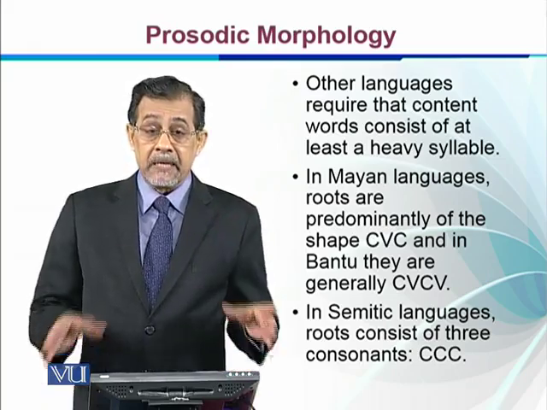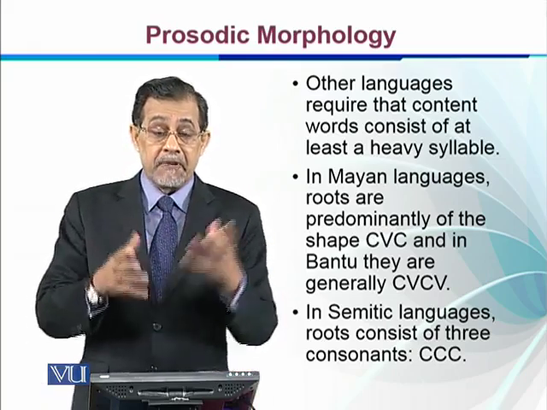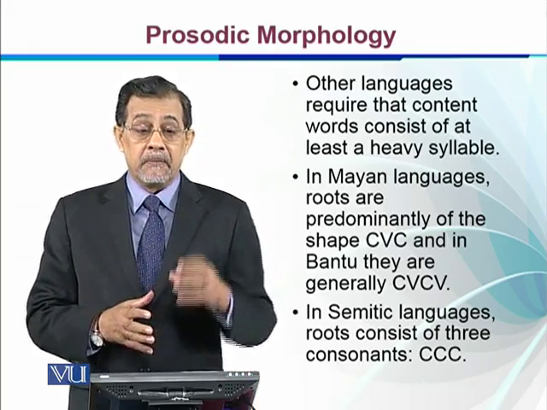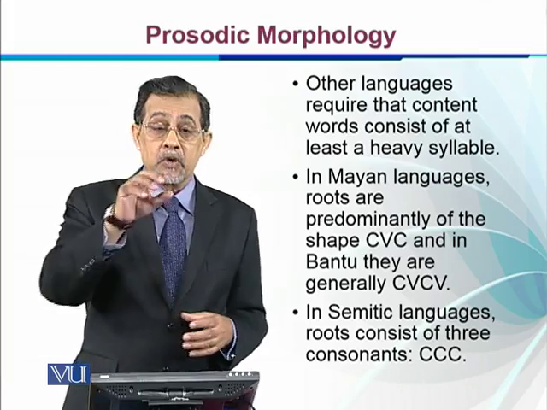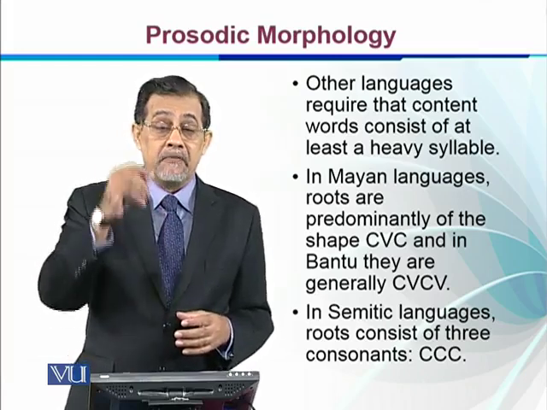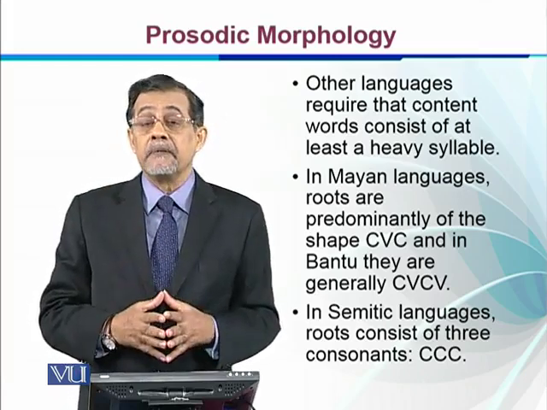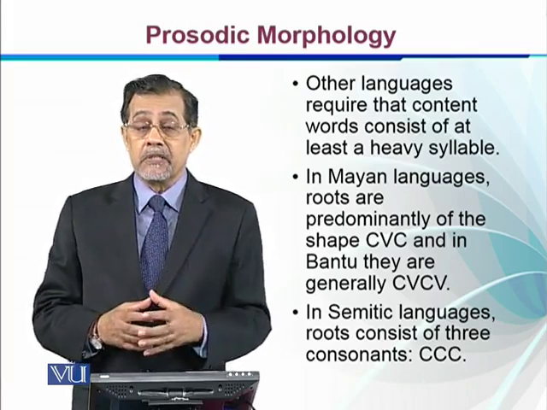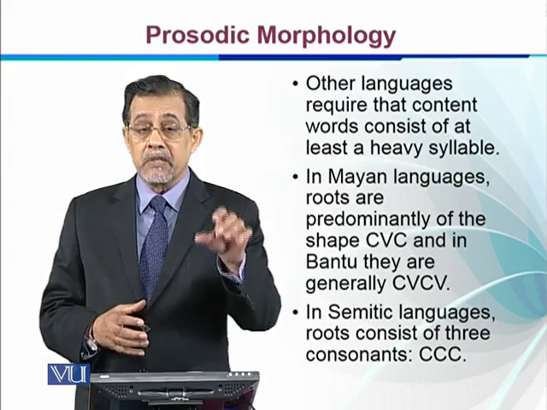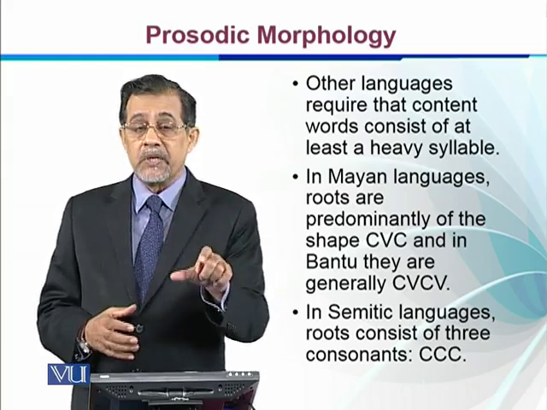Especially in Semitic languages, Hebrew and Arabic, we find a very different case. We find that the basic syllable consists of 3 consonants. We cannot think of any example in English syllable structure that consists of only consonant sounds.